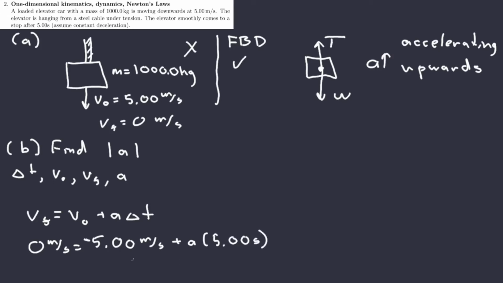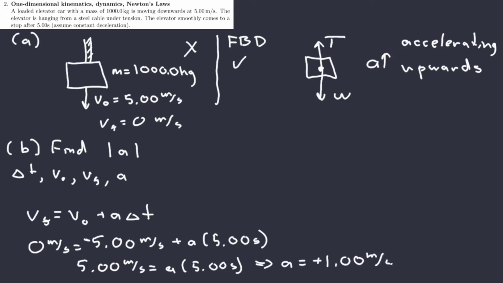So I want to rearrange this equation so A is by itself, so I'm going to add the 5 meters per second to both sides. And I end up with 5 is equal to A times 5. Then I would divide both sides by that 5 seconds, and I end up with A is equal to plus 1.00 meters per second squared.